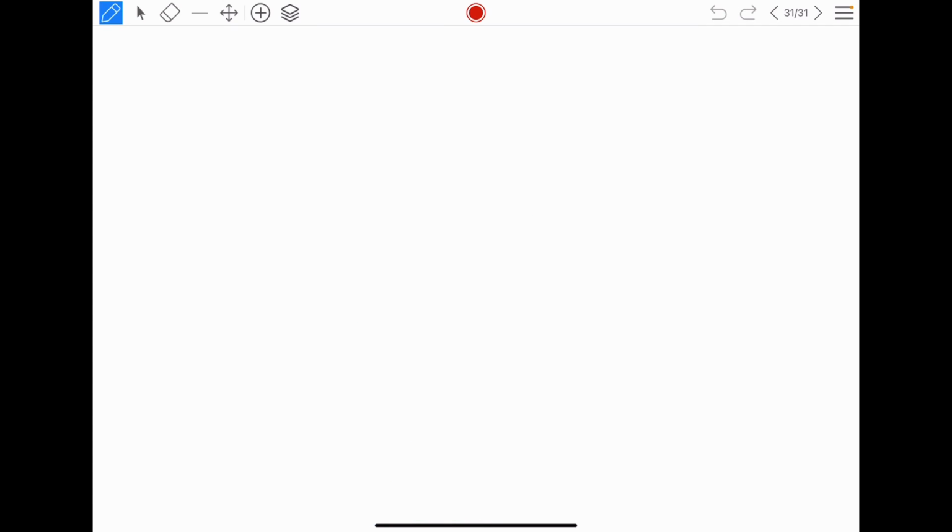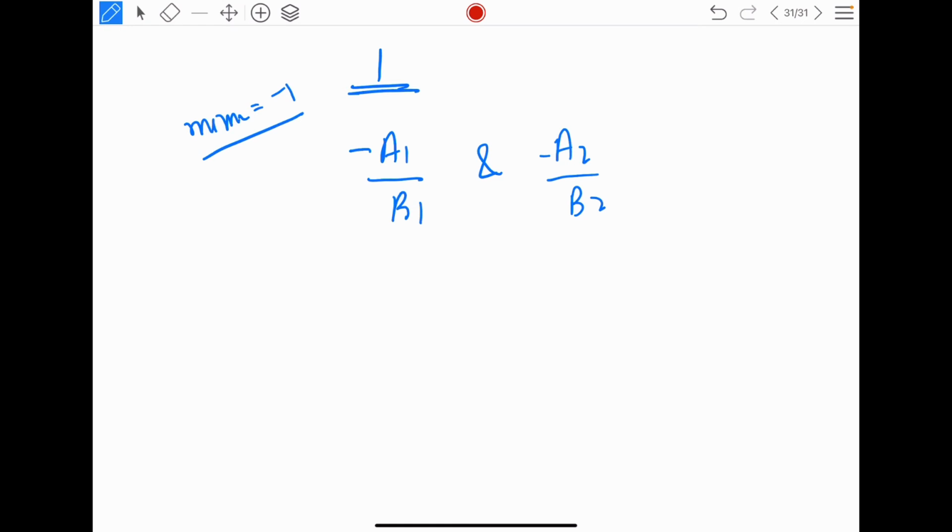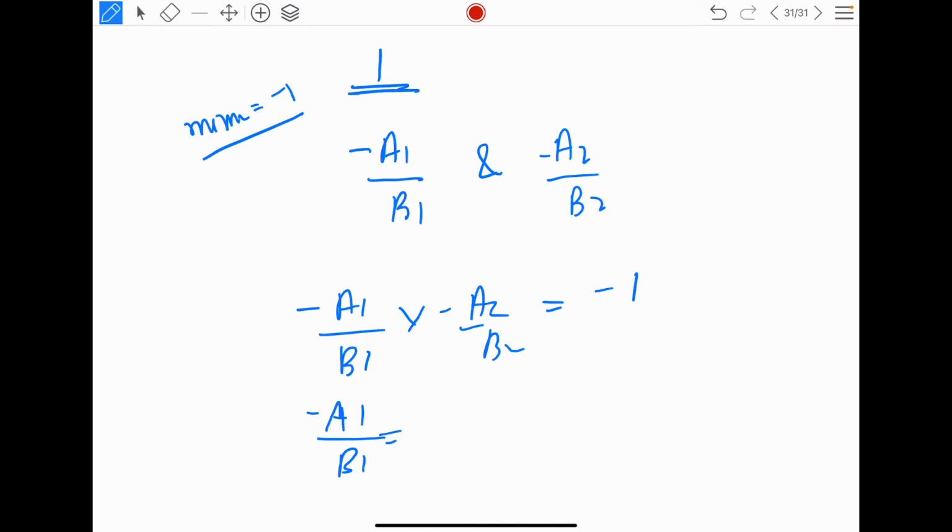Similarly, for perpendicular lines, if in the first line the slope is minus a1 by b1 and in the second line the slope is minus a2 by b2, you know that in perpendicular lines m1 m2 is equal to minus 1. So minus a1 by b1 into minus a2 by b2 is equal to minus 1. Or you can say minus a1 by b1 is equal to minus b2 by a2.